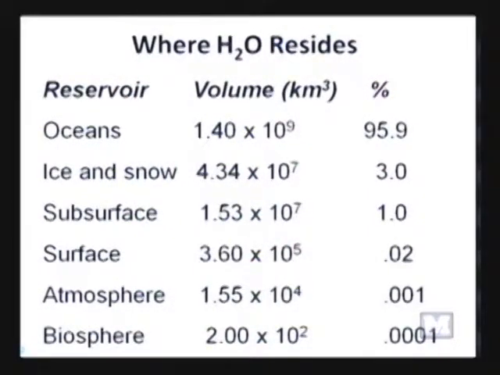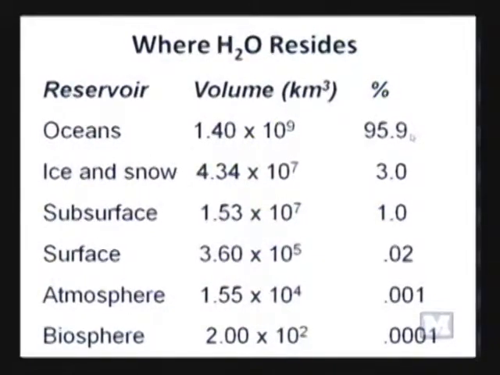It sits, of course, at the surface of the continents. That's the water that we are most familiar with. It's in the atmosphere and it's in the biosphere. But what you can see on this slide is that the 800-pound gorilla in the water story is the oceans of the world that have almost 96% of all the water.